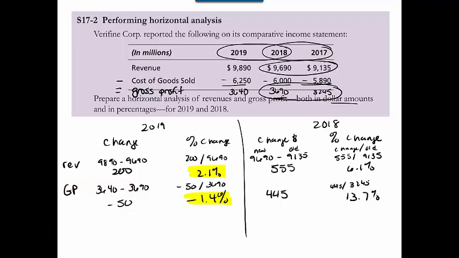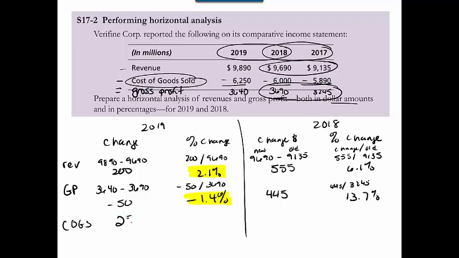Well, the difference between revenue and gross profit, here's revenue, is cost of goods sold, right? So if your revenue is increasing, but your profit's going down, that must mean that your cost of goods sold or your expenses are going up higher than your revenue is. And so if we look at cost of goods sold, the change there, 6,000 up to 6,250.